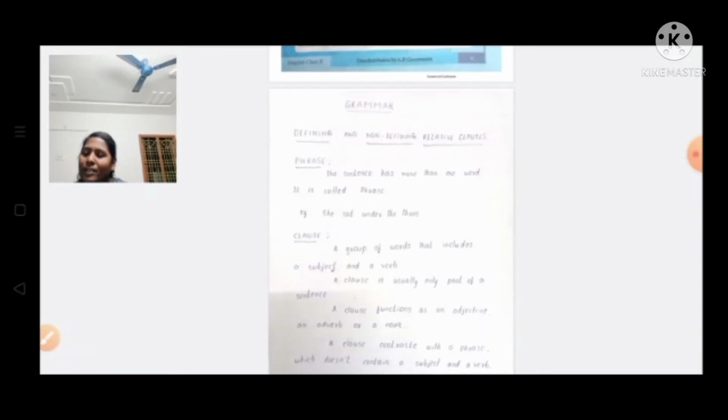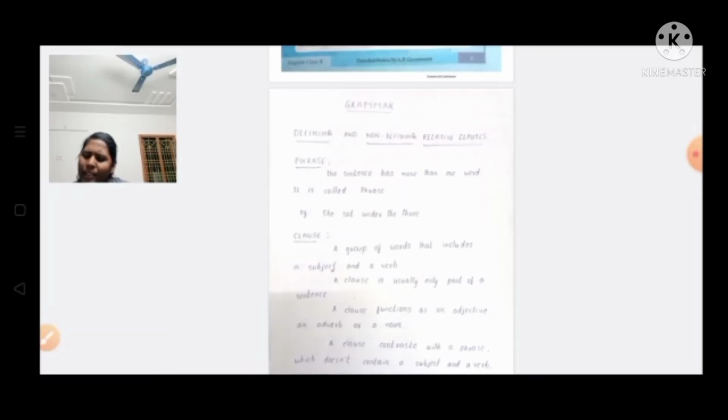The clause. A group of words that includes a subject and a verb. A clause is usually only part of a sentence. A clause functions as an adjective, an adverb, or a noun.